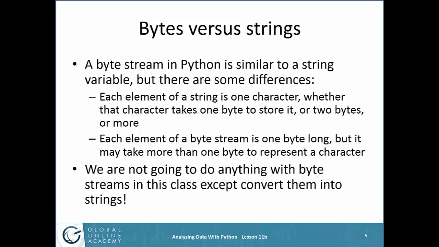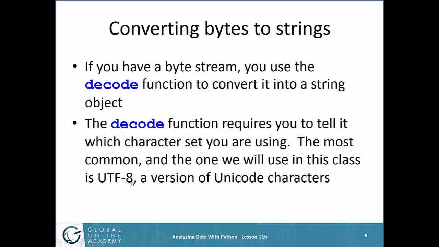So we're not going to do anything with byte streams in this class at all, except convert them into strings, which we know how to use. So how do we do that? If you have a byte stream, you use the decode function to convert it into a string object. The decode function requires you to tell it which character set you're using.